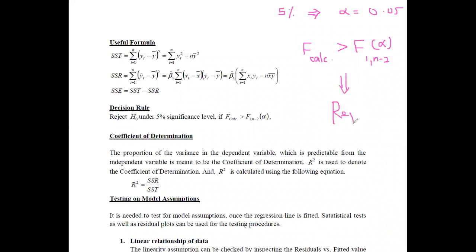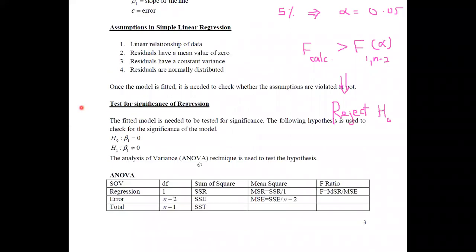We need to reject the null hypothesis if the calculated value is greater than the critical value. The degrees of freedom for the critical value: if you go through the ANOVA table again, you can see the degrees of freedom of regression is 1. Therefore, the degrees of freedom of the numerator is 1, and the degrees of freedom of the denominator is n minus 2.